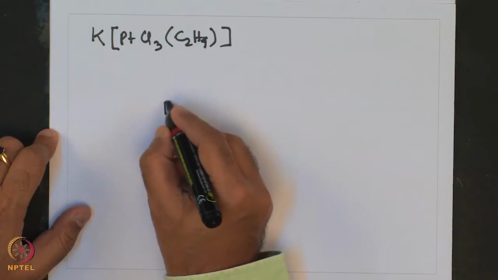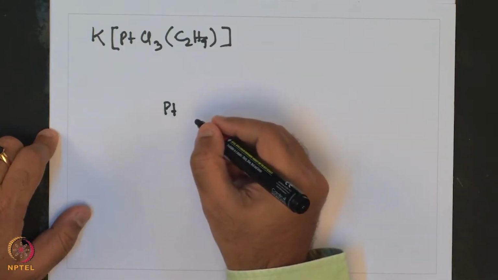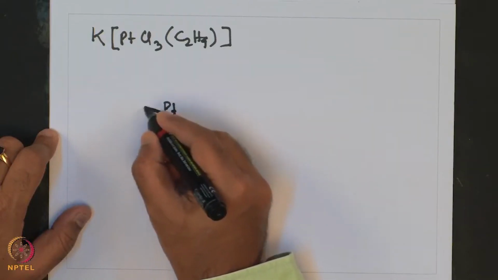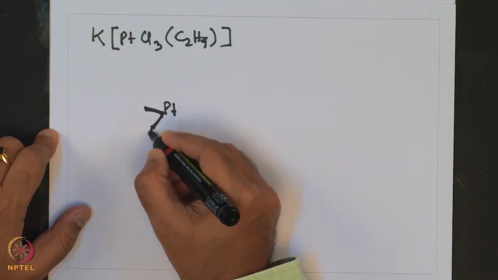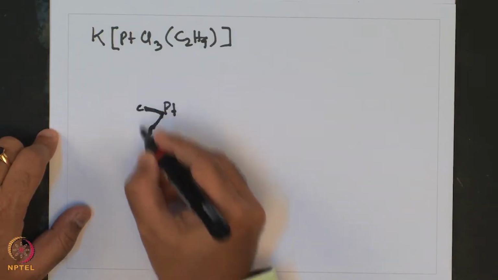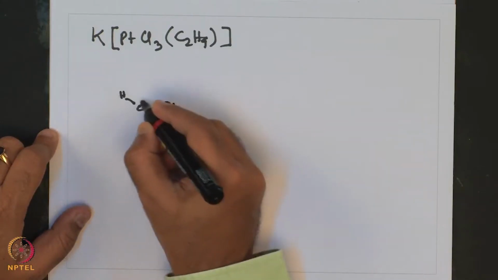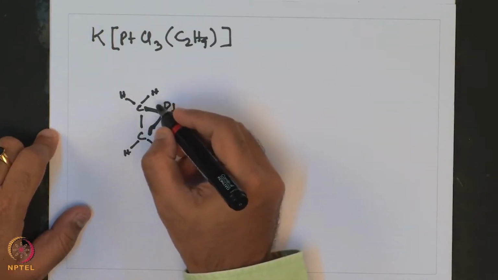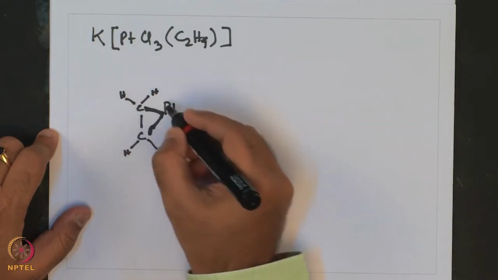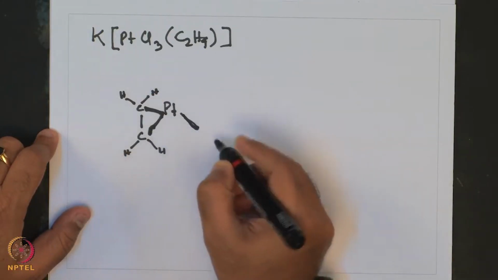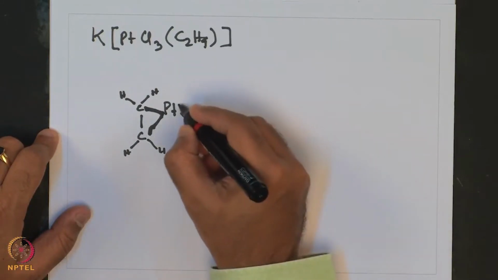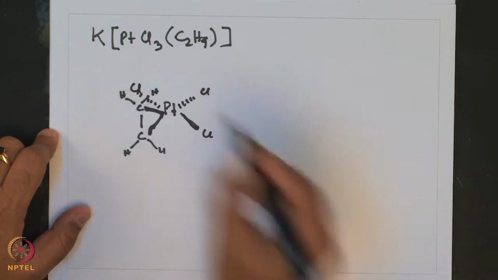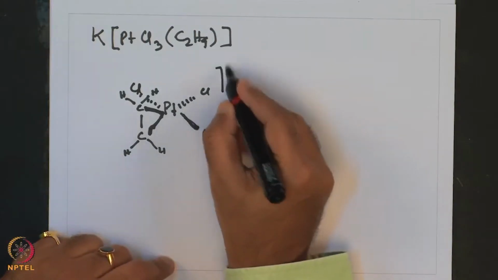So, the structure is Pt with Cl, Cl, Cl, and this is an anion.